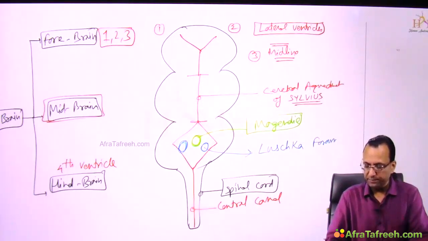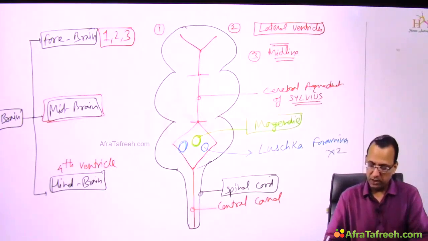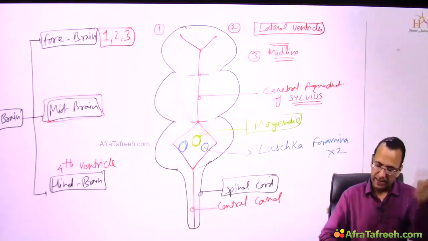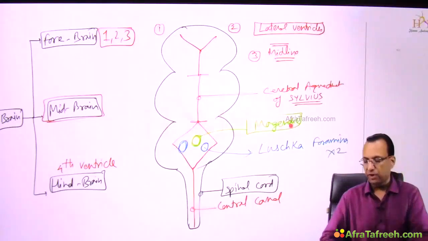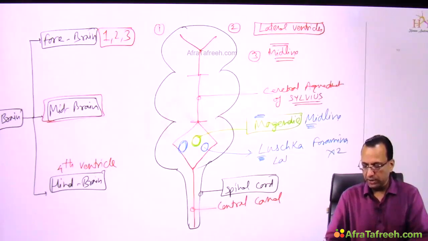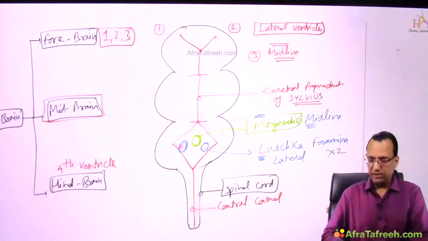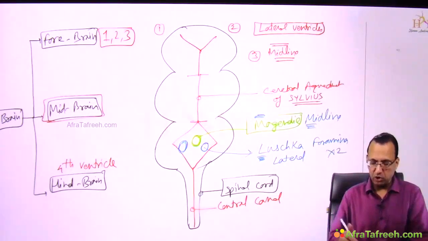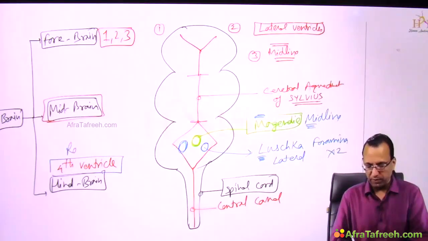There are two in number. Remember MM, midline is Magendie, LL, Luschka is lateral. These three foramina are present at the roof of the fourth ventricle.